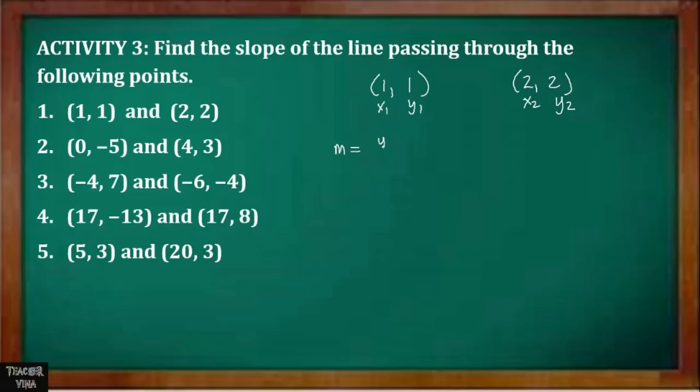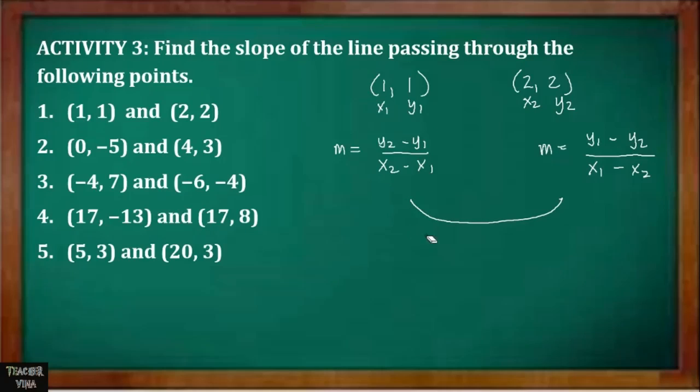M is equal to y sub 2 minus y sub 1 over x sub 2 minus x sub 1. Or pwede naman yung isa pa na formula na y sub 1 minus y sub 2 over x sub 1 minus x sub 2. Okay. So, for the first item, let's see kung magpaparehas lang yung sagot kapag ginamit natin itong mga formula na to.